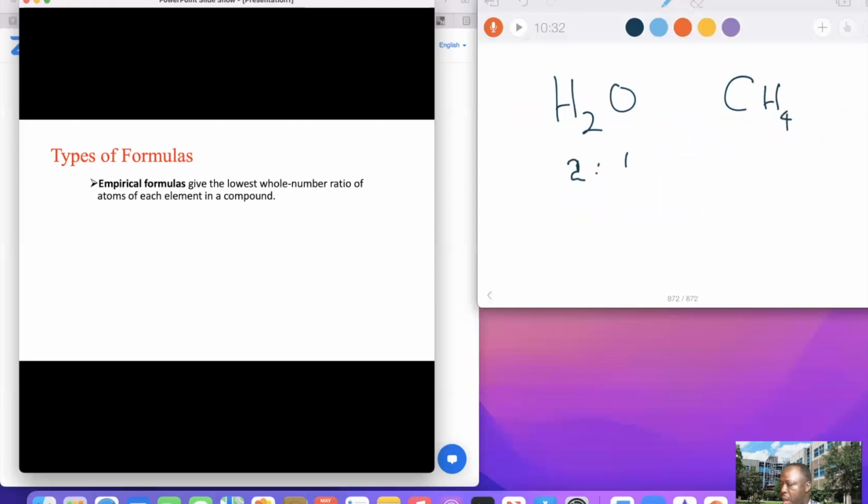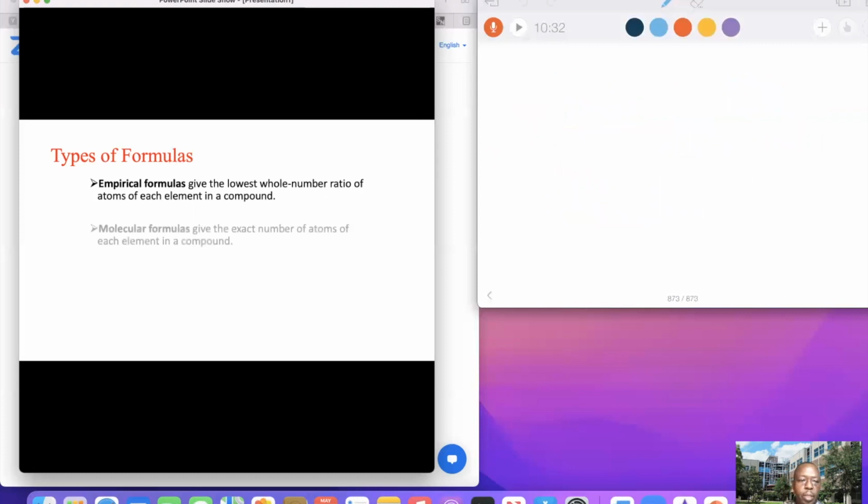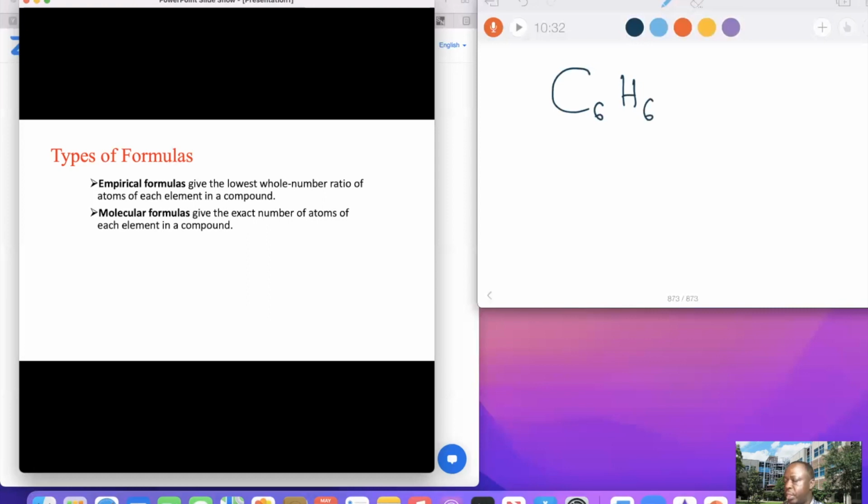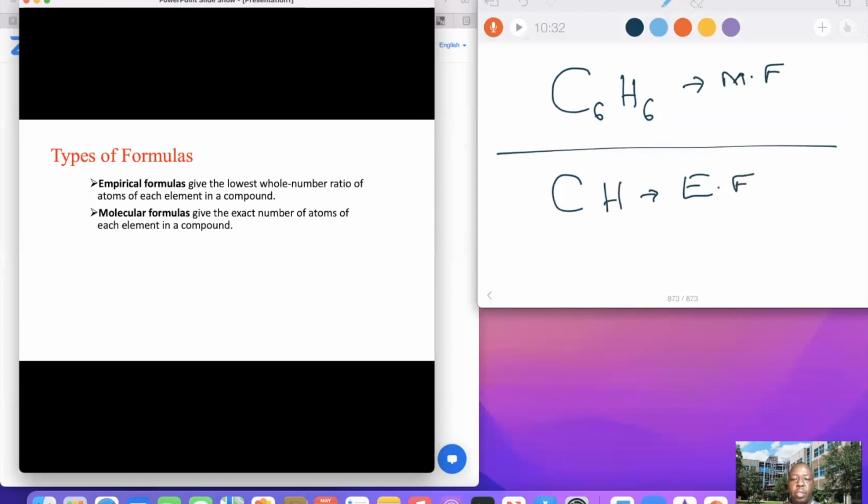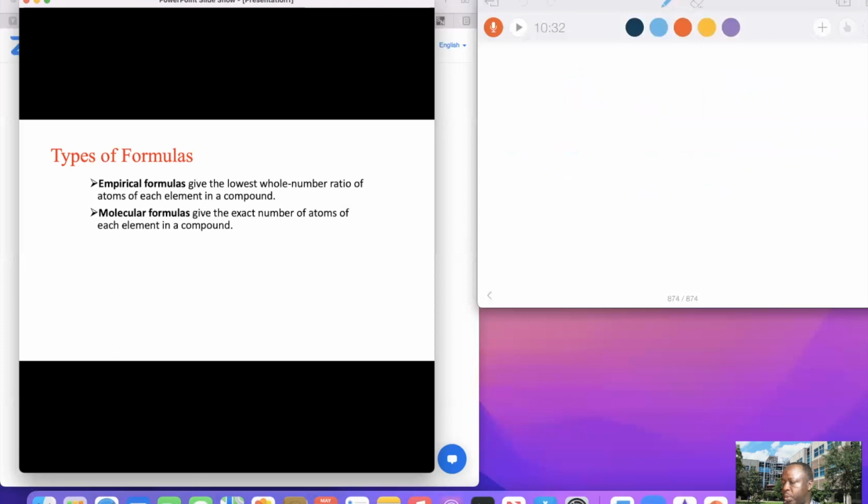However, molecular formulas represent the exact number of atoms. Benzene, for example, C6H6, is the molecular formula. It shows the exact number of atoms in a compound. Now, the empirical formula for this, if I simplify that, is just going to be CH. This is an empirical formula because it represents the simplest form or the lowest whole number ratio of atoms in a compound.